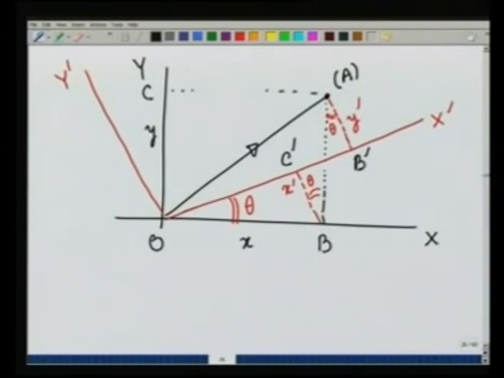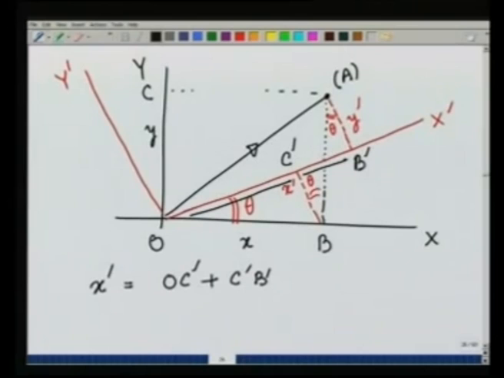C prime. So, we see that x prime component is going to be equal to O C prime plus C prime B prime, that is this plus this.